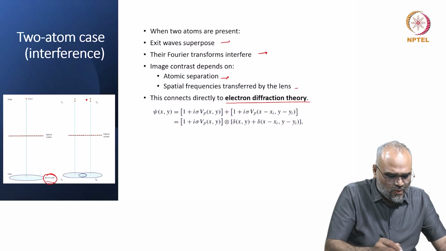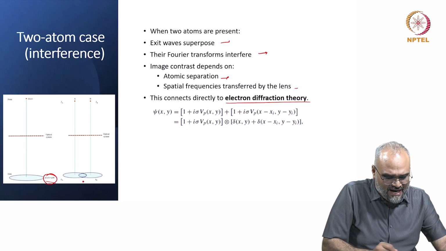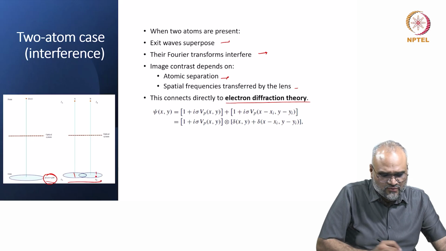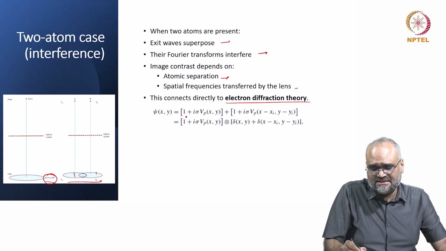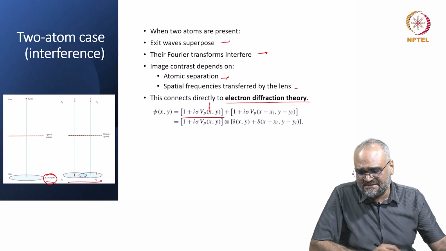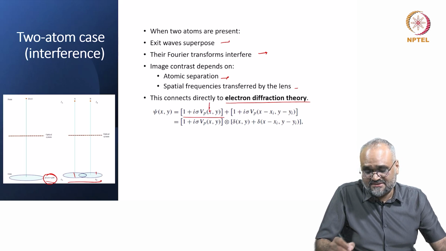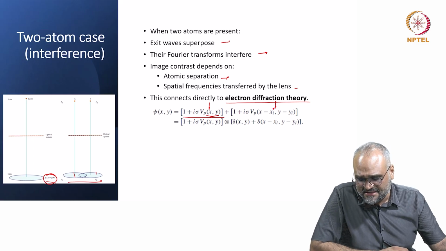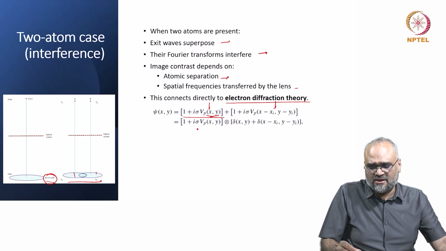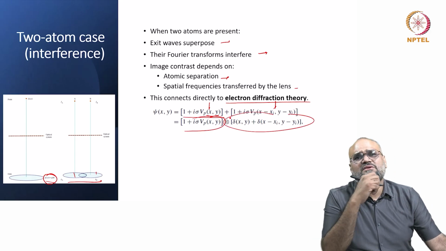But if I have two atoms now, the pattern that is produced here is a consequence of interference between these two waves, and this has a form which is like this. So it is the projected potential, and here it is the electrostatic potential, and this becomes my projected potential, and it can also be written as a convolution of these two quantities.